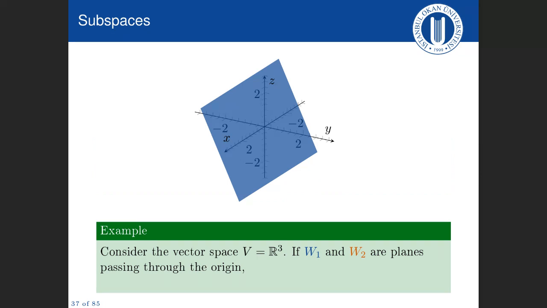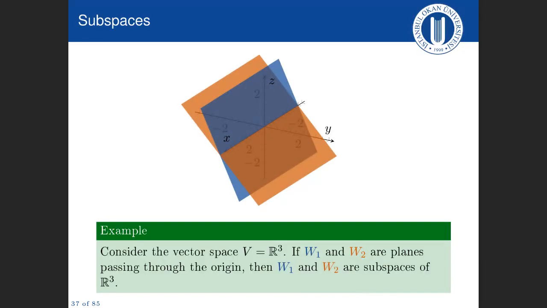And let's suppose that W1 and W2 are planes passing through the origin. That means they are both subspaces of R3, so their intersection must also be a subspace of R3. Assuming they're different planes, their intersection is just going to be a line passing through the origin.